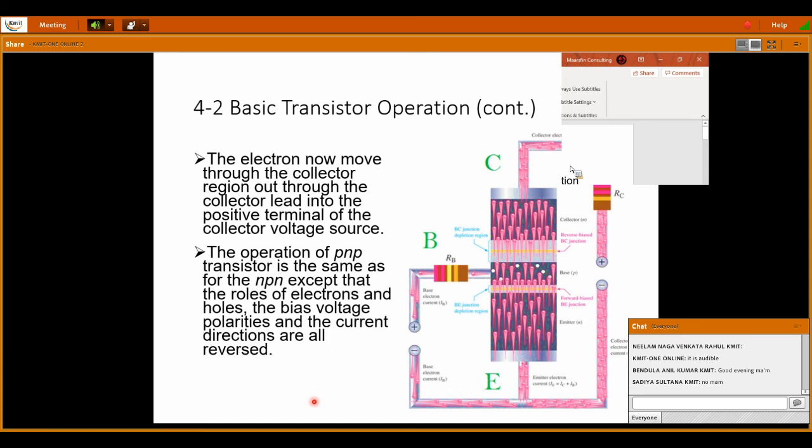This is analogous to PNP transistor operation. Here I explained that electrons are the majority carriers, whereas in a PNP transistor it is just the opposite: instead of electrons, you have the hole current.